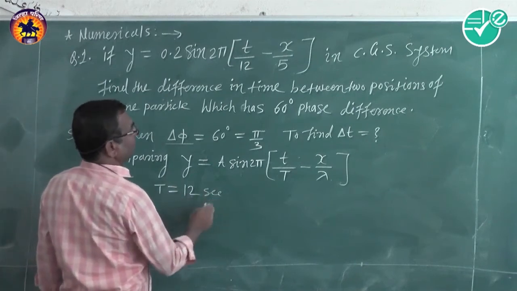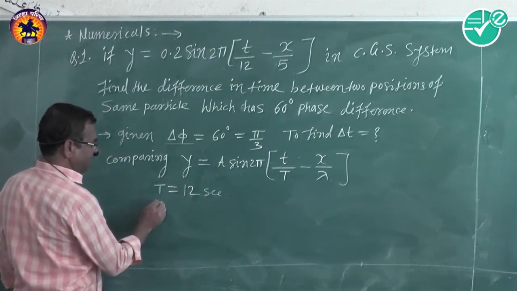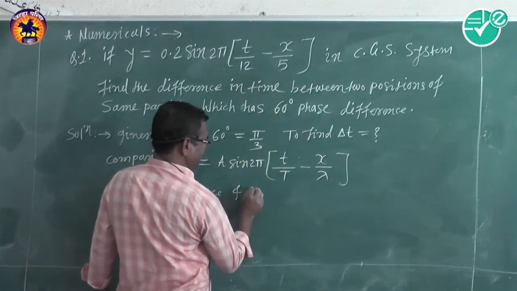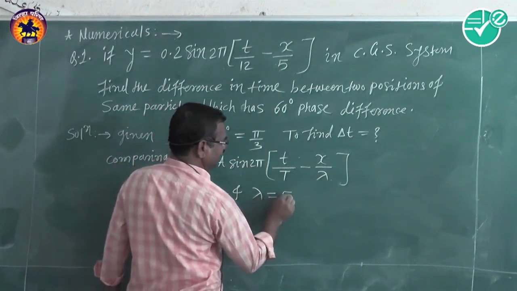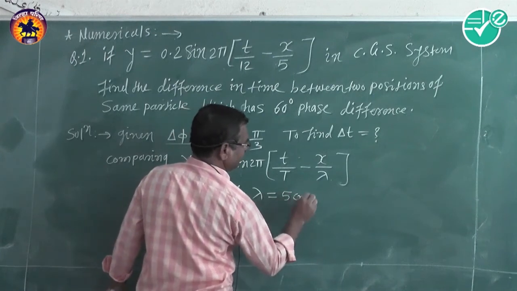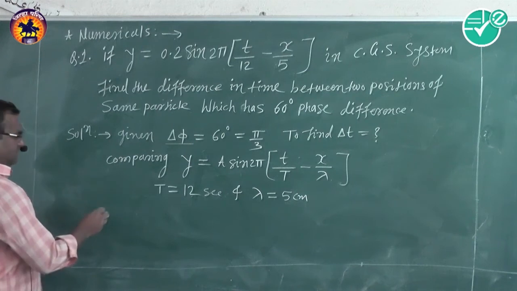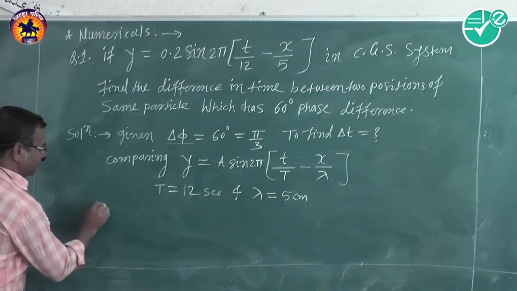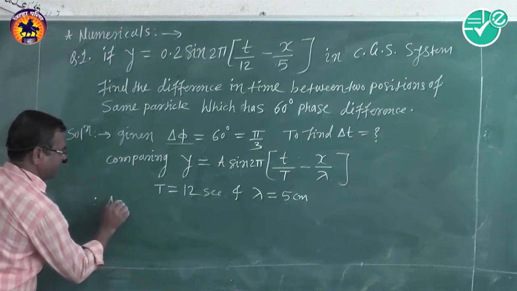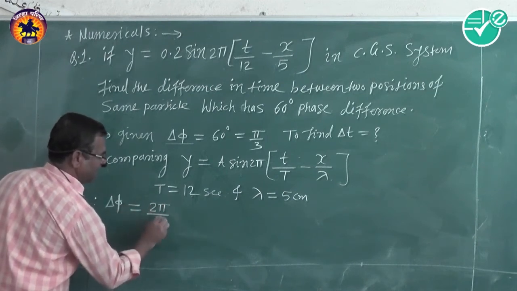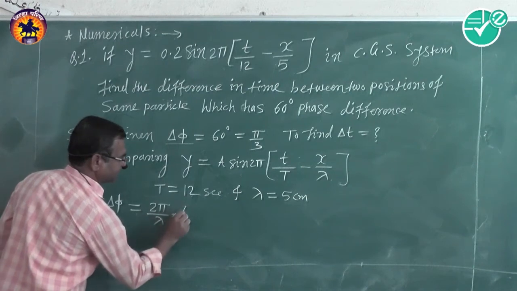Therefore, T is equal to 12 second and lambda is equal to 5. Lambda means wavelength, which is equal to 5 centimeter because it is the CGS system. We use the formula delta phi is equal to 2 pi upon lambda into delta x.